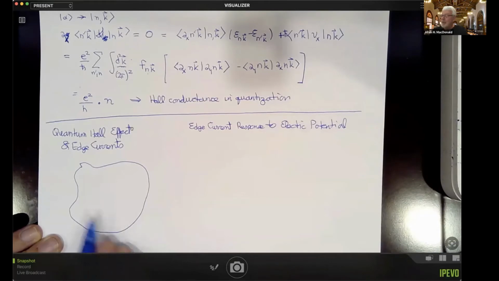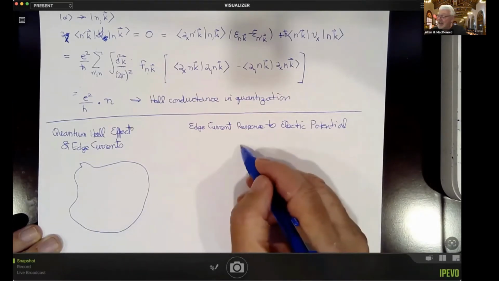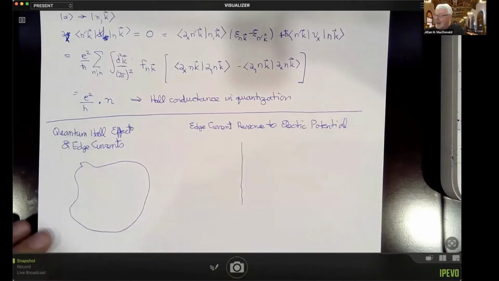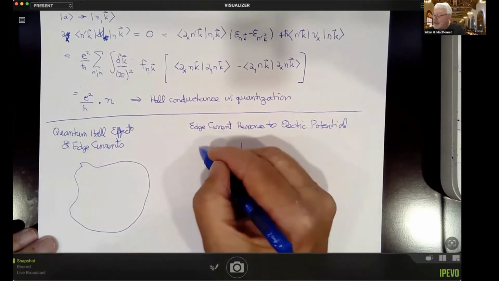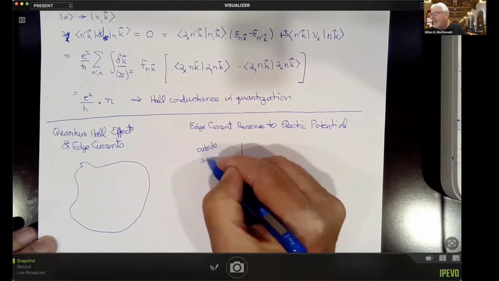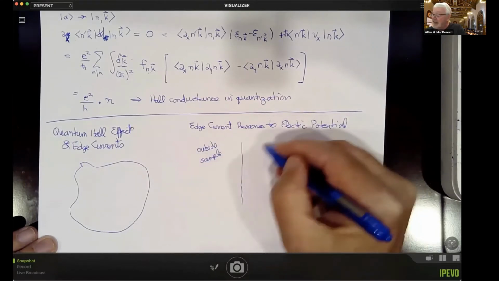So locally at some point in the edge, I can choose the local boundary to be along the y-axis. So this is outside the sample, and this is inside the sample.